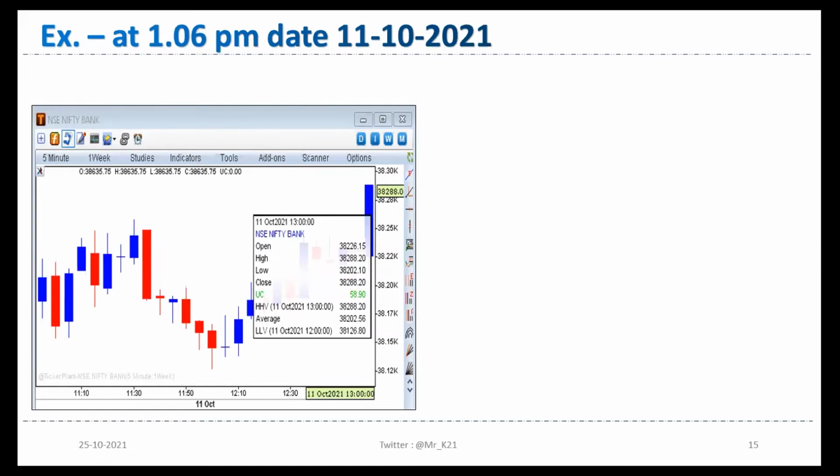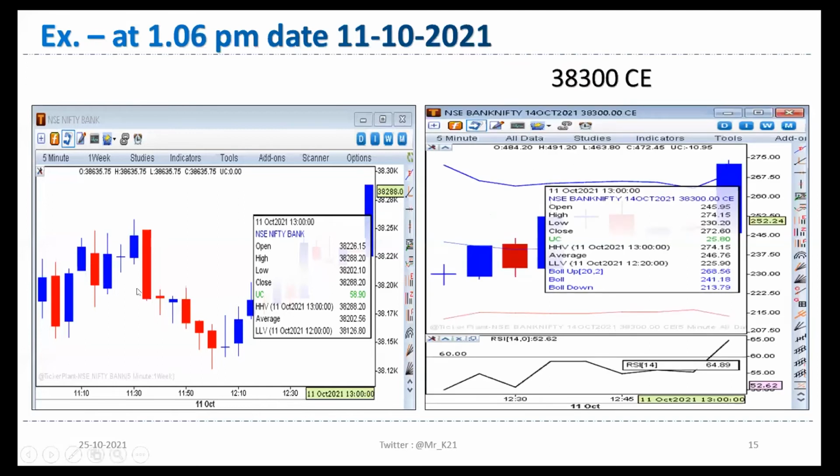So here we can see what happened next. As we all know, our at the money would be 38,300, so I have opened the chart of call 38,300. You can see the 1 p.m. chart again.